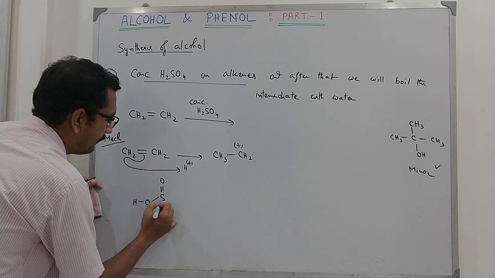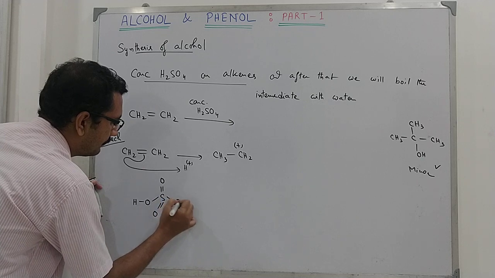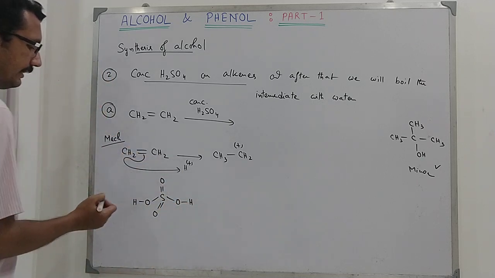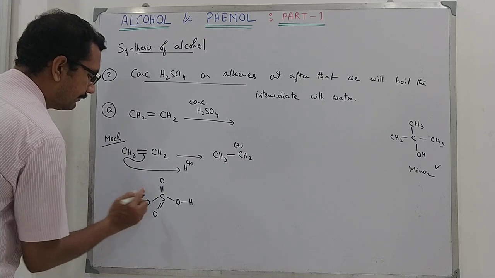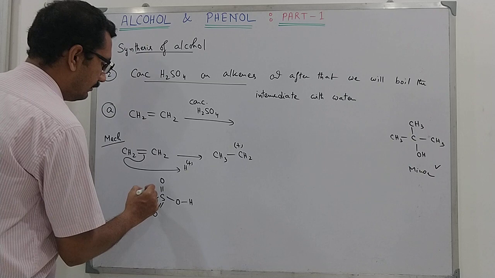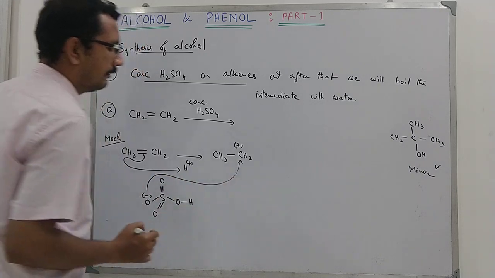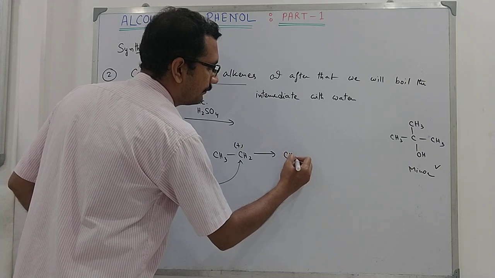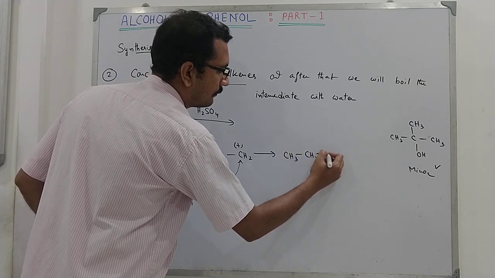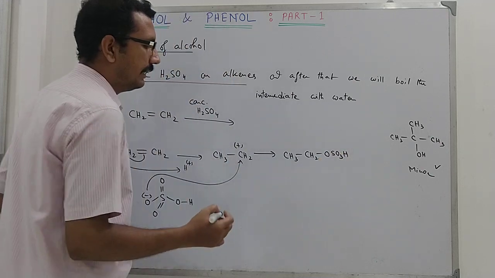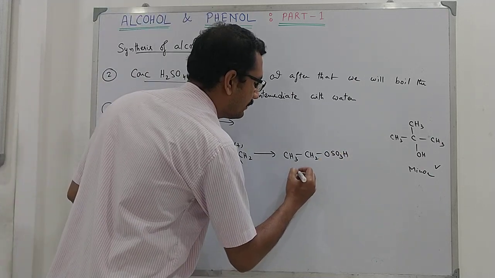This is the structure of sulfuric acid. Now when the proton is extracted by this alkene, we will have this structure. Now this will get bonded to this carbocation and we will have ethyl hydrogen sulfate.